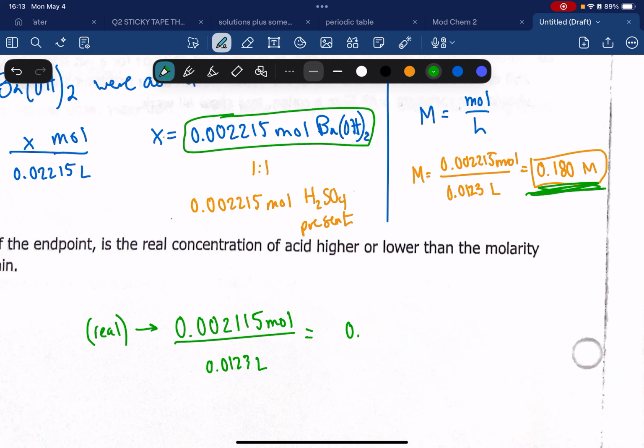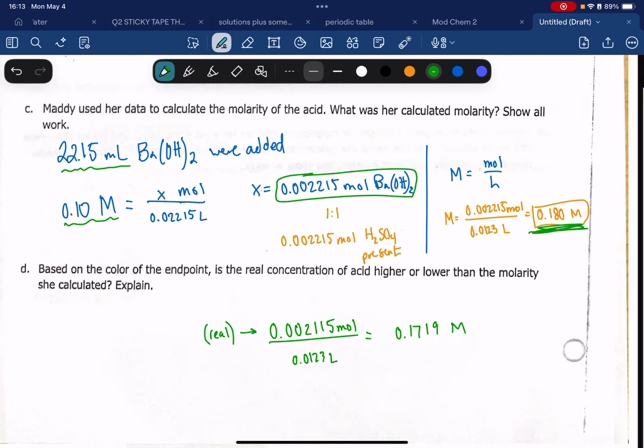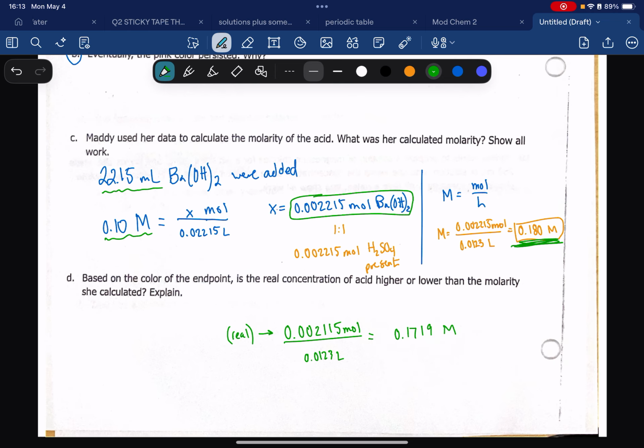Instead, I got 0.1719 or something molar. So we can see that the real concentration, again, it's probably not that, but it'll be something smaller than what she calculated, right? No matter what number we put here that's smaller than this number, we're going to end up with a molarity that's smaller than 0.180. So lower. The real concentration is lower because she overshot it.